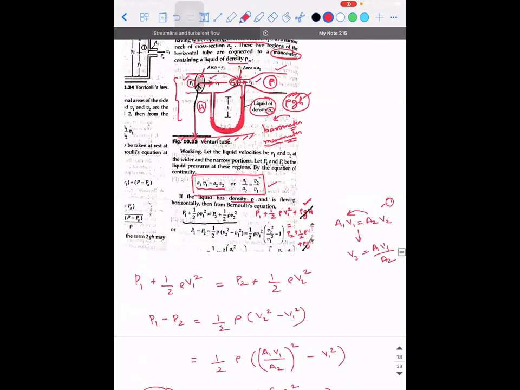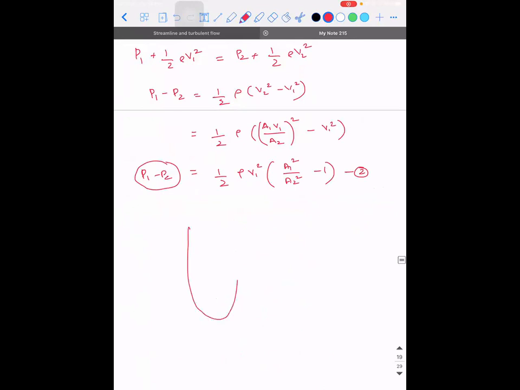So here, if I take the U tube, that is a U-shaped tube which we call a manometer, this height is h.